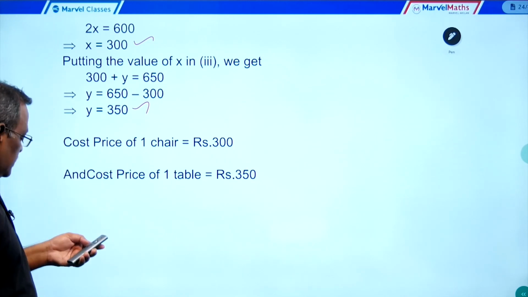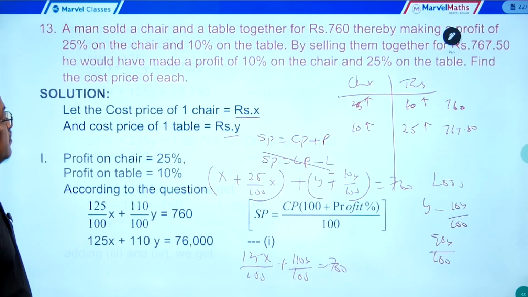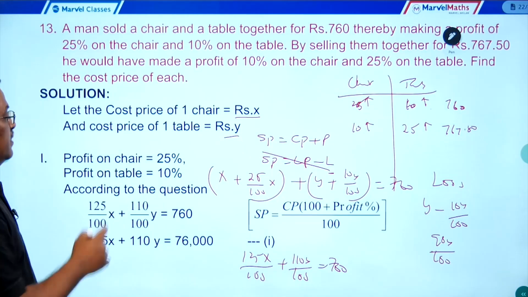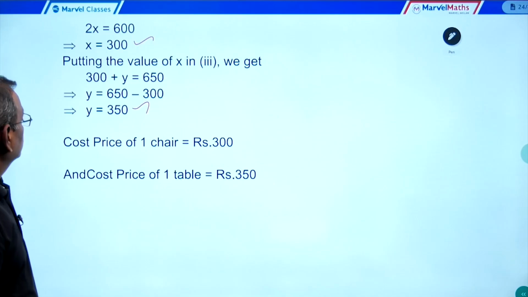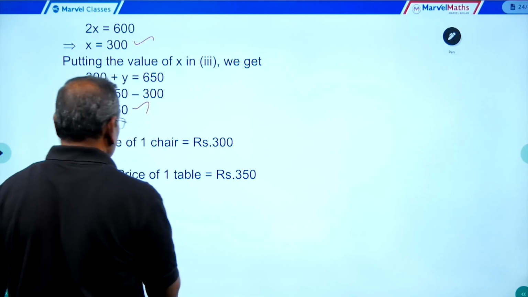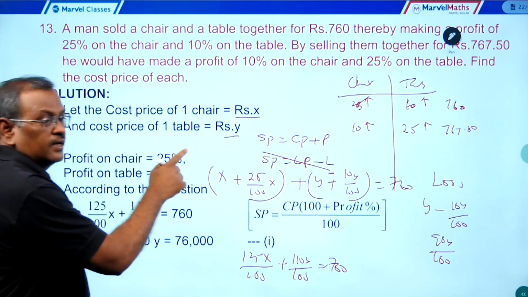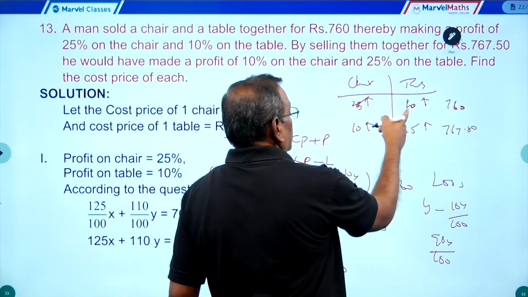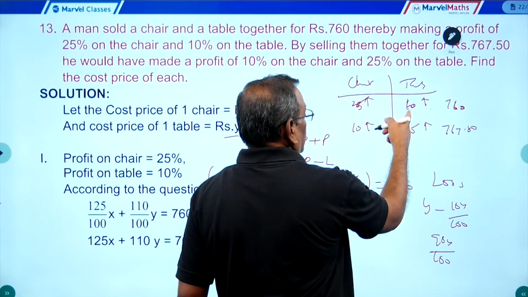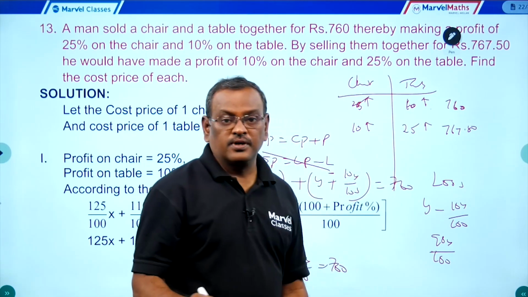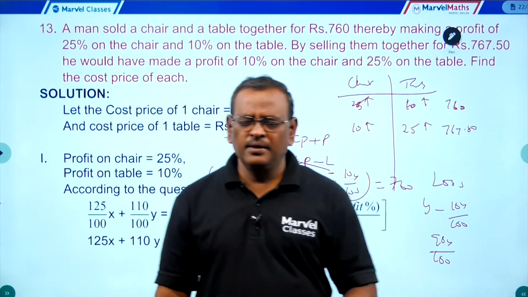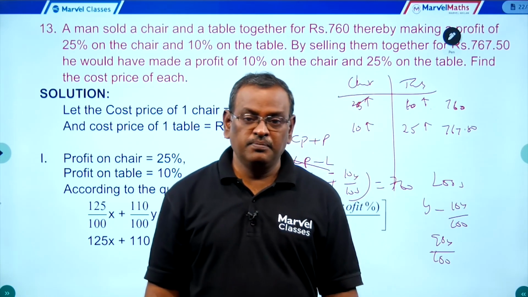So 300 and 350, and the given data is 25 and 10. I will check the second condition or first condition. So 300 into 25 percent plus the Y amount into 10 percent equals 760 rupees. Very important, very tough question in Section D, part of linear equations.